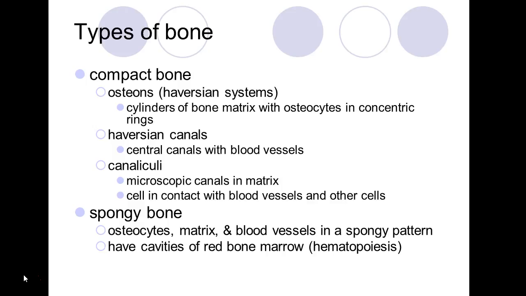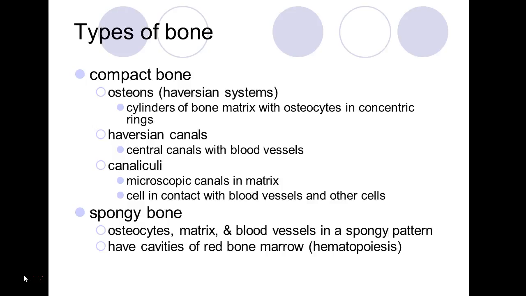And then there are canals throughout this called Haversian canals, which are the central canal where the blood vessels go through. And then also some other smaller canals called canaliculi. And here again, this is where the cells of the bone, the blood can be brought up to that, and has some other cells in its structure, like perhaps white blood cells for immunity.